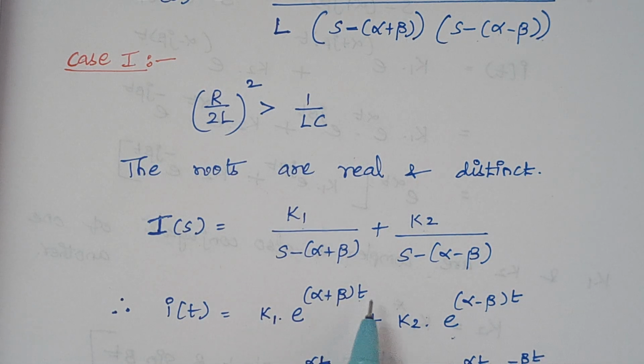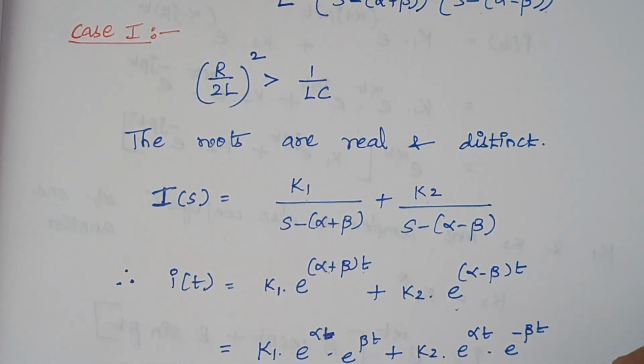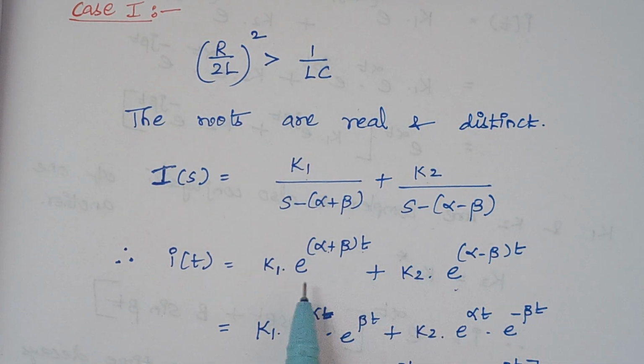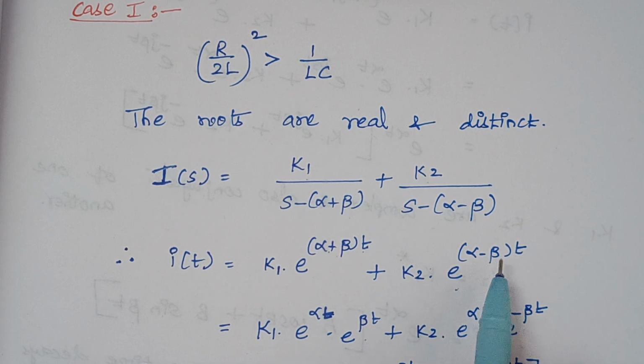The next thing is, I am going to multiply this t inside this bracket. So here we will be having e power alpha t plus beta t. The plus in the exponent can be rewritten in terms of multiplication. Therefore, e power alpha t into e power beta t. Similarly, e power alpha t into e power minus beta t here. In these 2 terms, e power alpha t can be taken commonly outside.